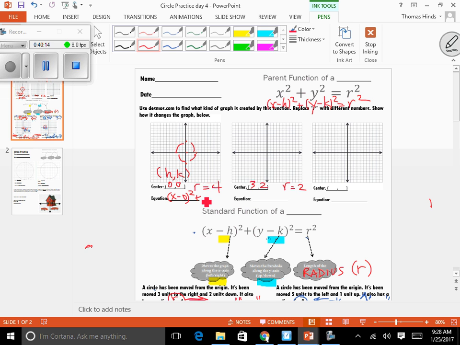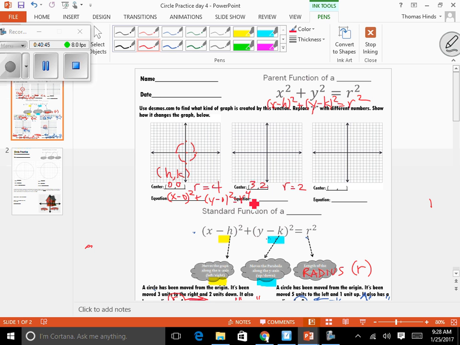Just, if you're writing that in, I'm about to change it to tell you on a computer, on a standardized test, they would never put in a 0 with the x. And they would never put in a 0 with the y. Alright, so here's the official equation for the first one.